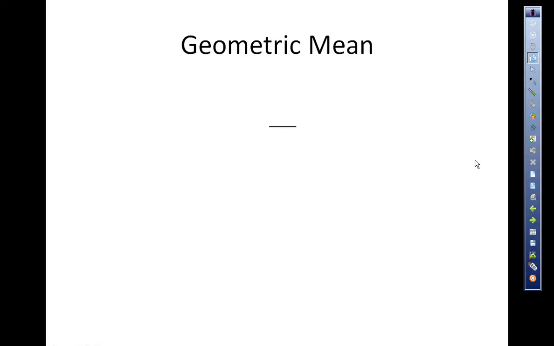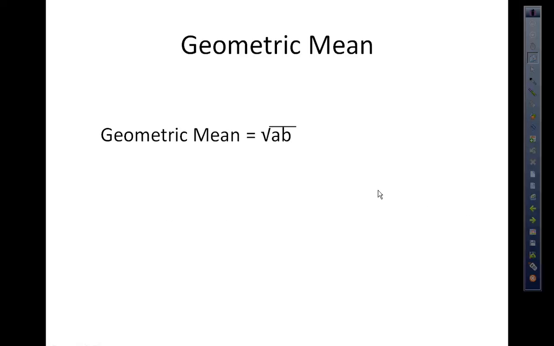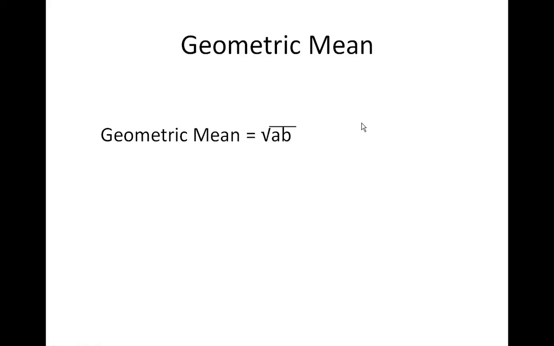How do we find that missing term between two terms in the sequence? Here's our definition of geometric mean. The geometric mean is equal to the square root of the product of those two numbers. Just like when we were adding, we added the two numbers and then divided by 2. Since we're multiplying this time, we're going to have to multiply those two numbers, and then take the square root.